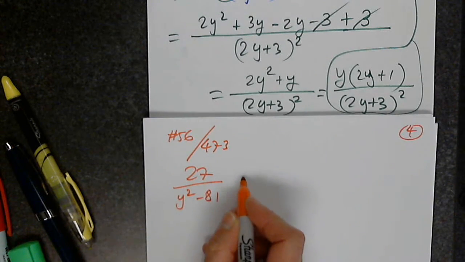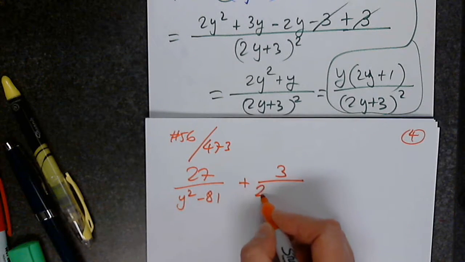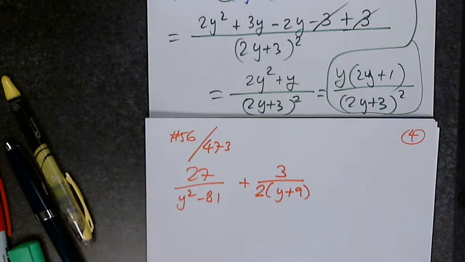Y squared minus 81 plus 3 divided by 2, quantity y plus 9. Let's take 1 minute on this, please. Do your best.